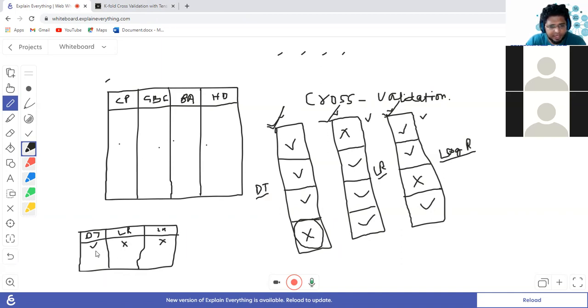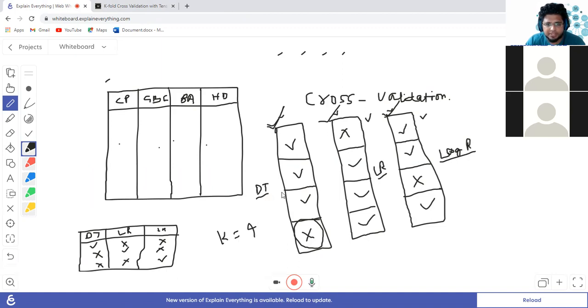For the second data, linear regression is better than these two. For the third data, logistic regression is better than these two, and this is for the first k-fold. This is one k-fold. Okay, how many fold? This is 4-fold. Here k is equal to 4.